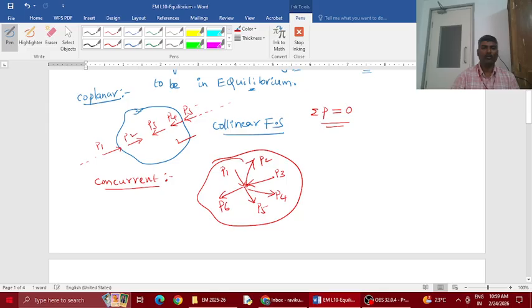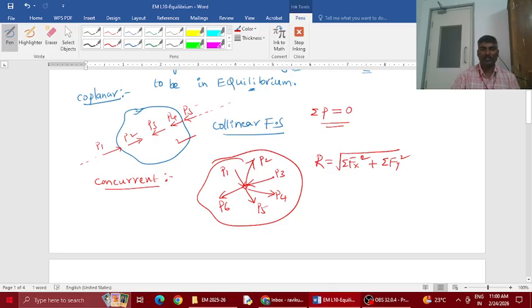All the forces are passing through this point, so this is a concurrent force system. How do you find the resultant of this one? We find the sum of x forces whole square, sum of y forces whole square. Your definition for equilibrium of this body is that the resultant shall be zero.